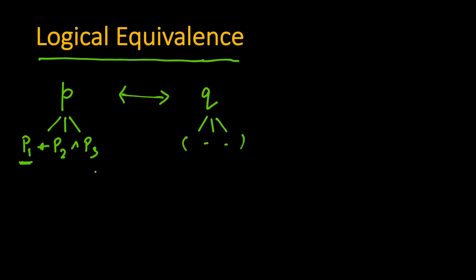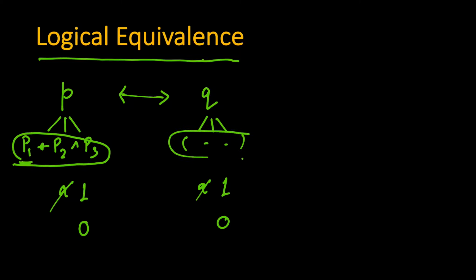So for all those possibilities, if the value of P is 1, then for the same condition Q is also 1, and if P is 0, then Q is also 0, for all the possible combinations of P1, P2, P3, and similarly Q1, Q2, Q3. Then we will say that these two logical formulas are equivalent.